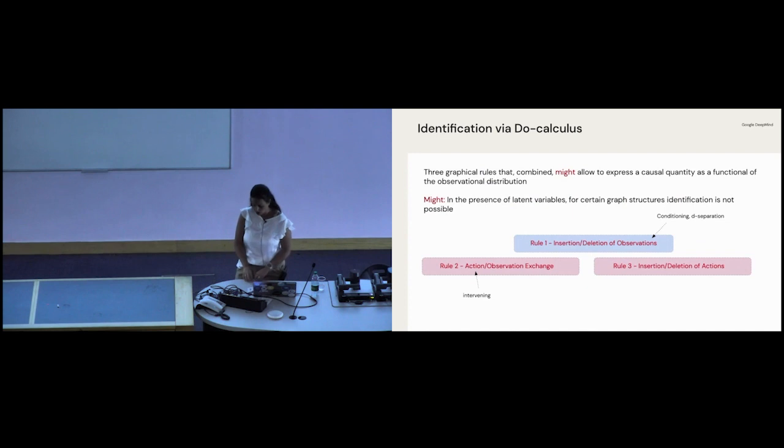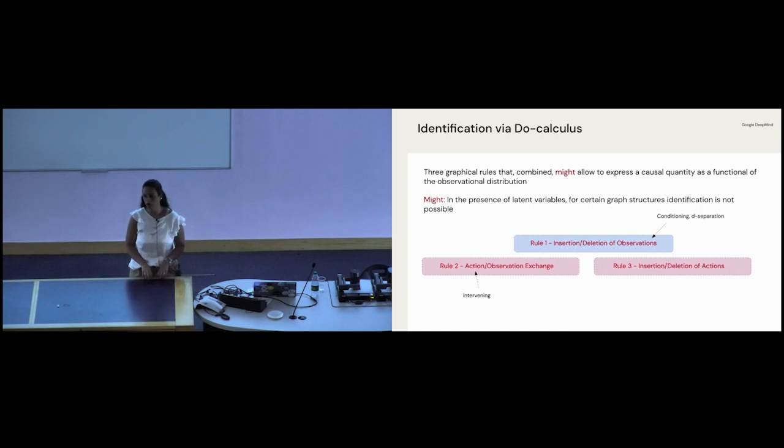Okay, so suppose now you don't have interventional data, which is the classic setting of causal inference. How do you compute this interventional distribution? With causal Bayesian networks, you can use the rules of the do-calculus, or the rules of the causal calculus, to get a functional that expresses the interventional distribution in terms of the observational distribution.